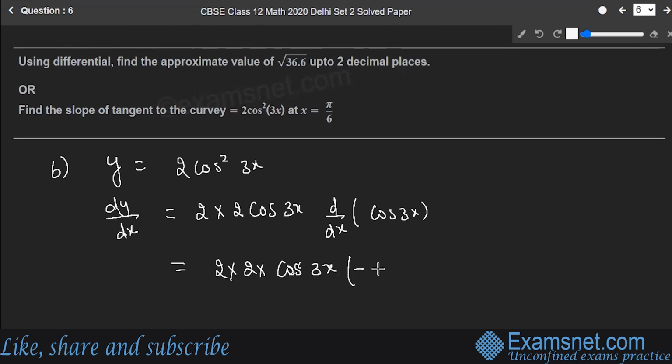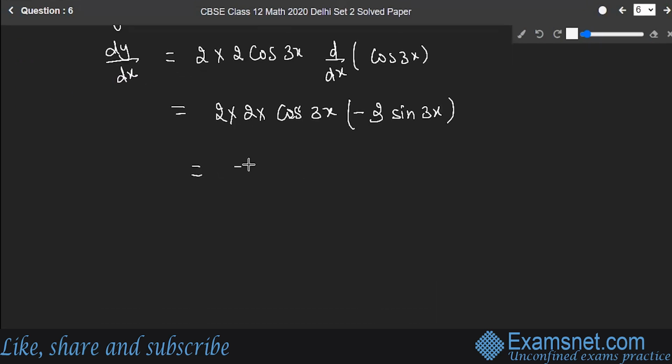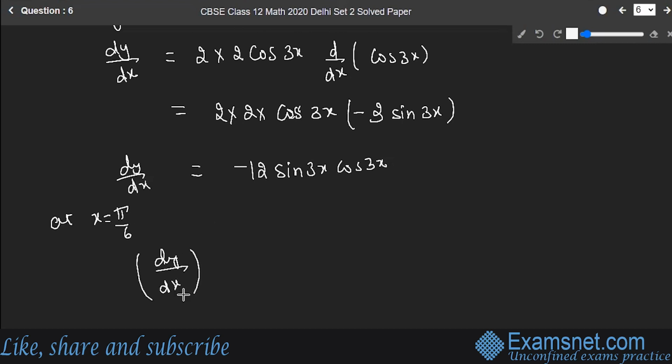The derivative is equal to minus 3 sine 3x, right? This gives you minus 12 sine 3x cos 3x. At x is equal to pi by 6, what do you have? dy by dx at x is equal to pi by 6.